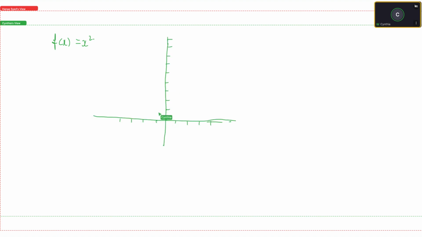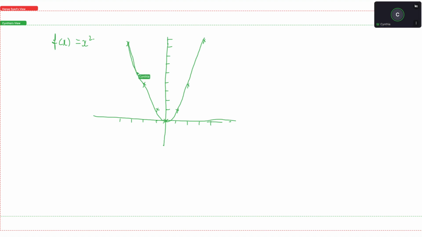For 0, it is 0. 1 comma 1, minus 1 comma 1, minus 2 comma 4, 2 comma 4, 3 comma 9. Okay, it's going to be like this.